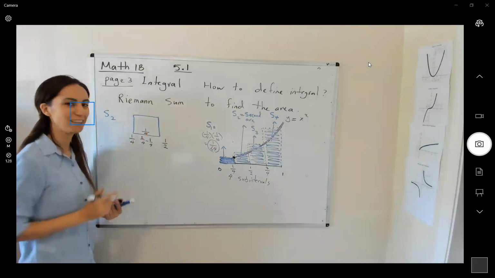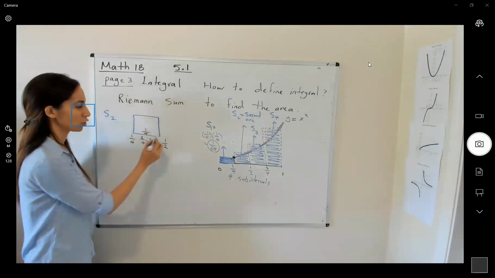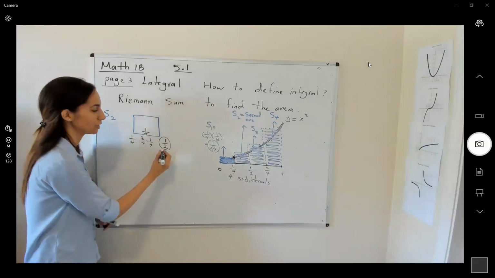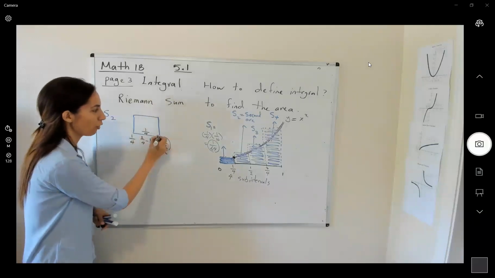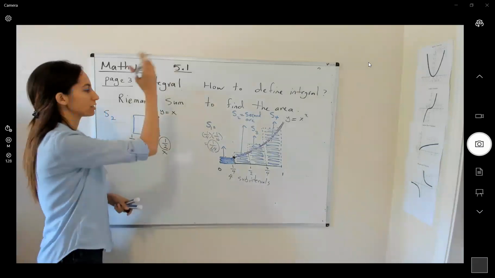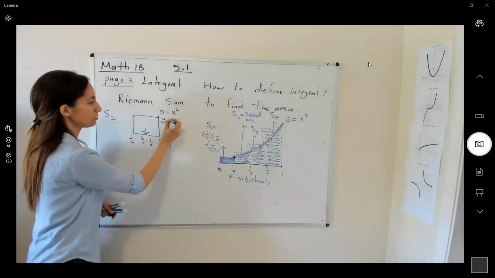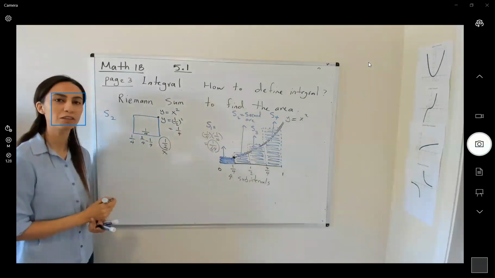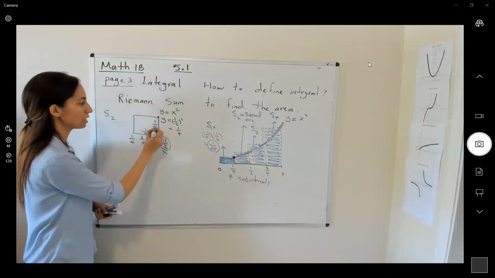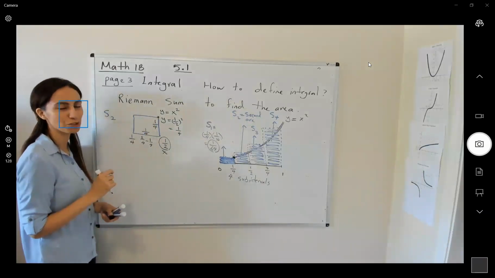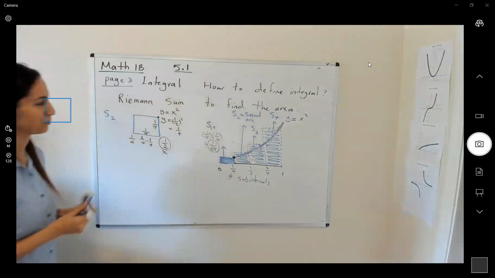What about my width? So this point is 1 over 2. This is your x value. What is my y value? My y is, take your x and raise it to 2. A half raised to 2, which is 1 over 4. So this little area here is 1/4 times 1/4, which is 1 over 16.